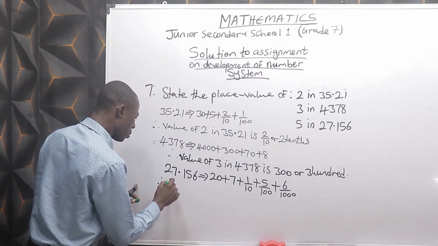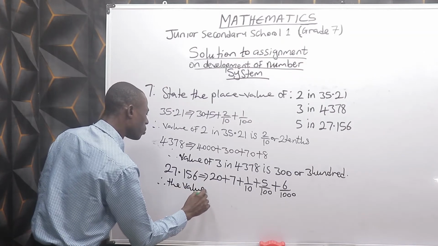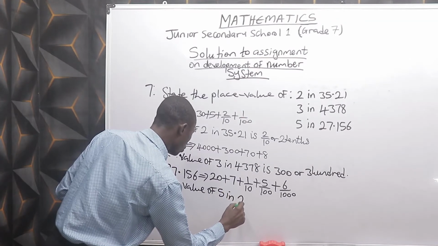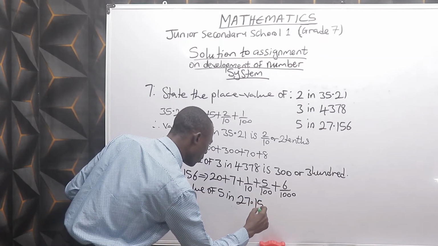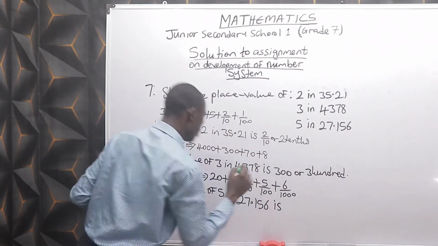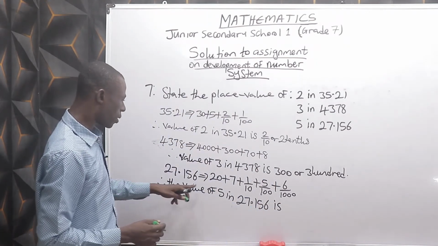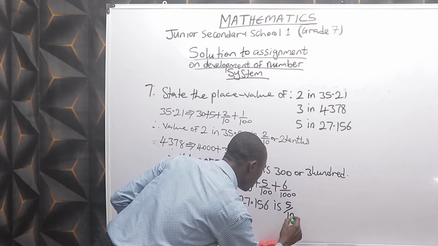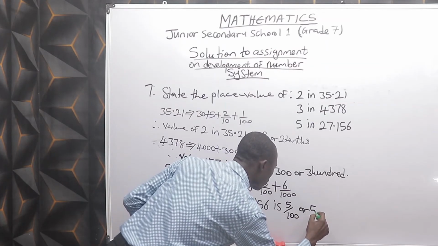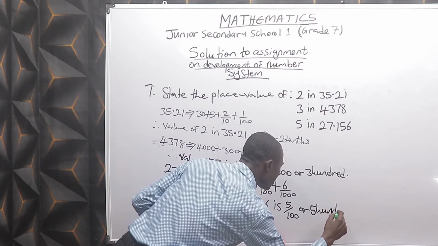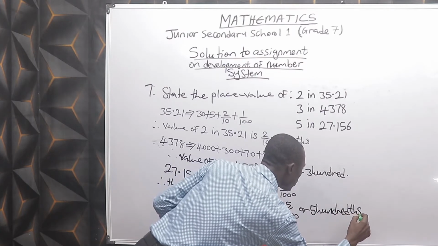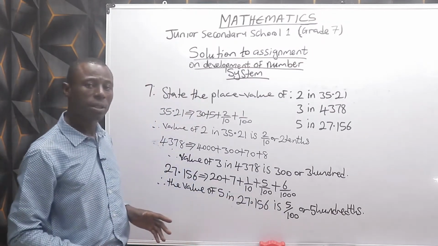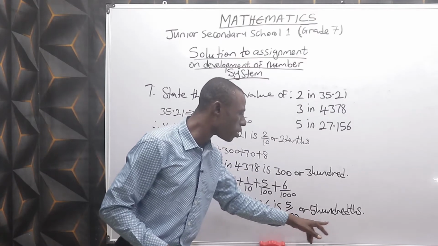Therefore, the value of 5 in 27.156 is, the value of 5 there is what? 5 over 100 or 500. That is it. It is acceptable as 5 over 100 or 500.